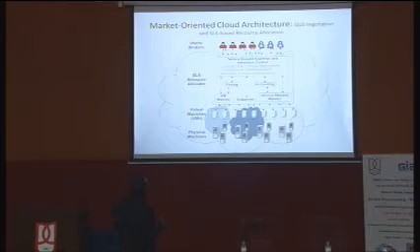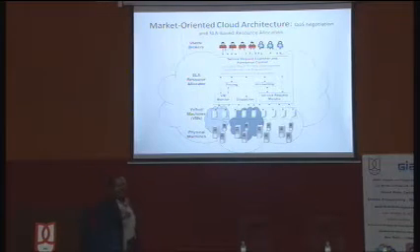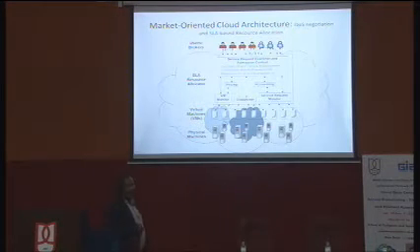So basically this slide summarizes what cloud computing is all about. At the bottom, you have physical machines, and in between here, you have virtual machines. These virtual machines are allocated to the physical machines.